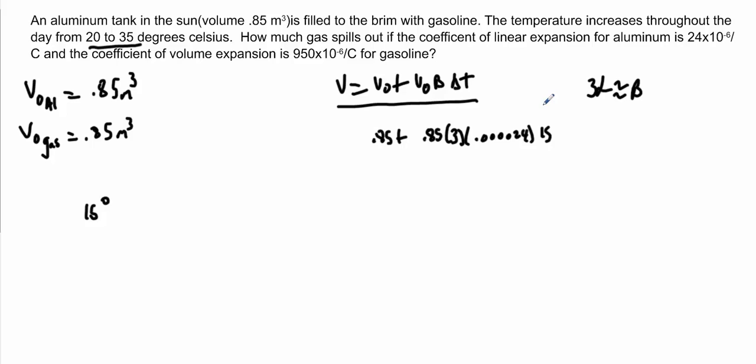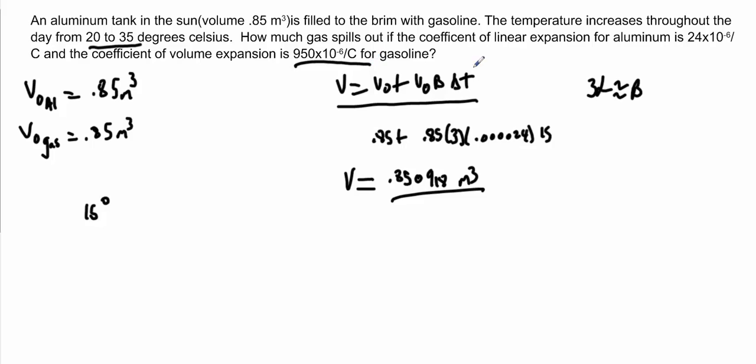If I do that, 0.85 times 3 times 0.000024 times 15 plus my 0.85 is 0.85098. Okay, so my new volume is equal to 0.850918 cubic meters.